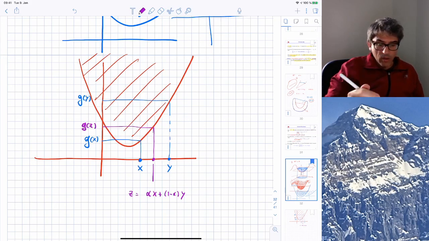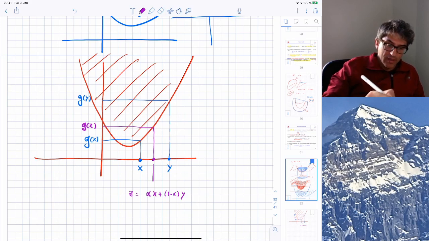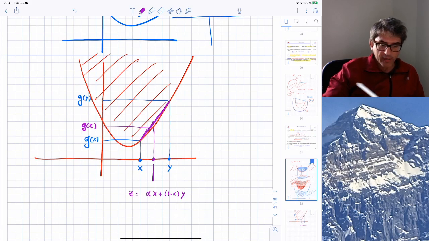And now let's consider the convex combination with the same alpha of g of x and g of y. The convex combination is basically obtained by taking the straight line, the chord joining these points, and it will be a point around here.